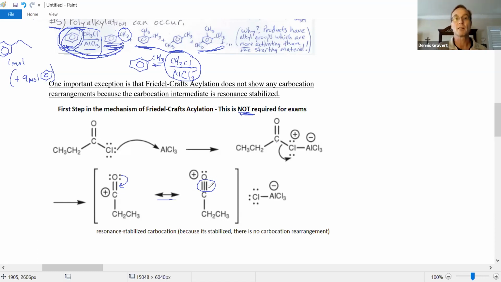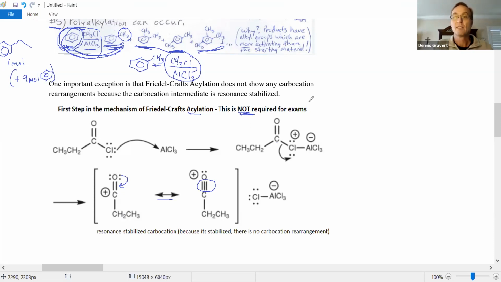So a triple bond here makes this intermediate, this cation more stable. And so you don't see rearrangements with acylation, because if you had a rearrangement, you may not be able to get this resonance structure if the plus charge on carbon moves down the chain.